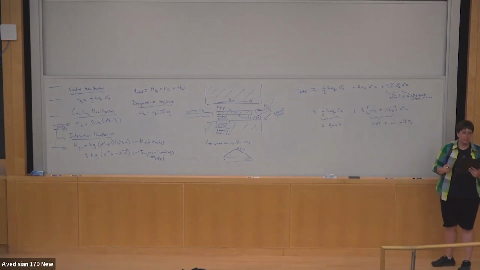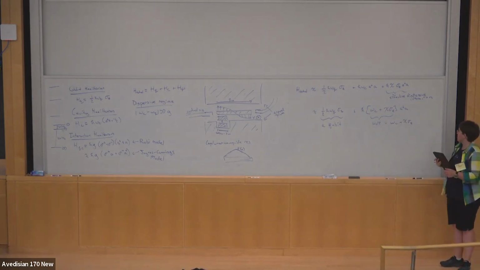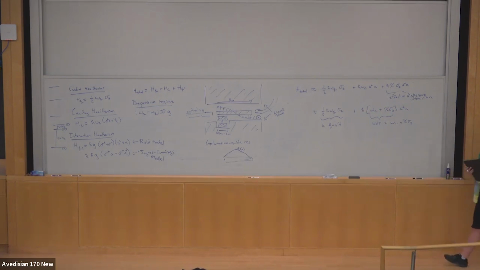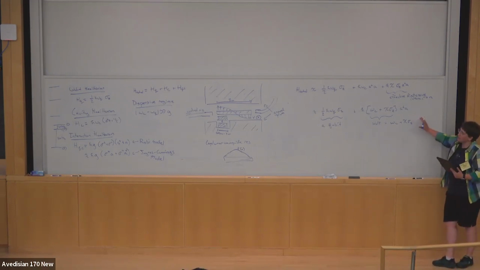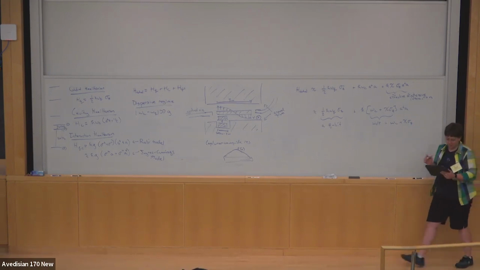And this is rather an abusive notation because I've just added a number and an operator. But this is the correct way to think about this. And so what do I mean that this is the effective frequency of the cavity? So for me, the most intuitive way to do this is to look at a couple of examples.